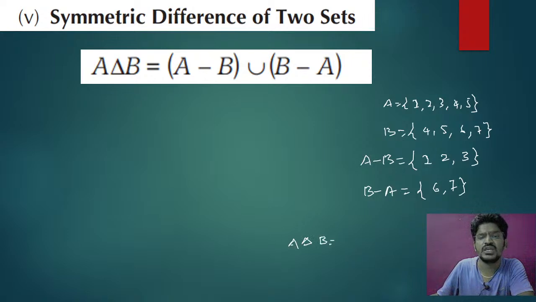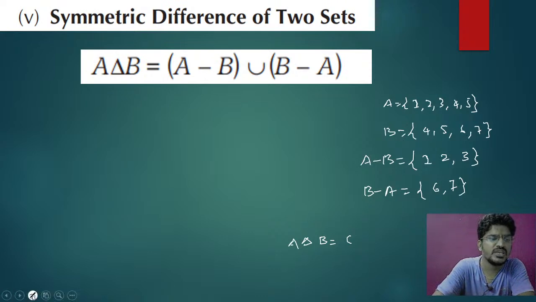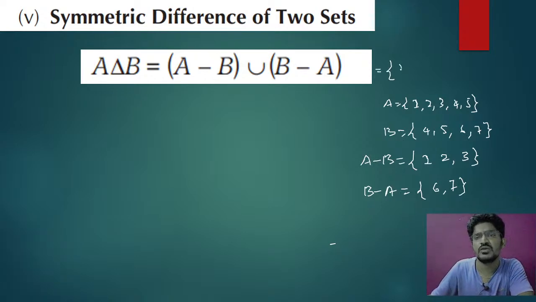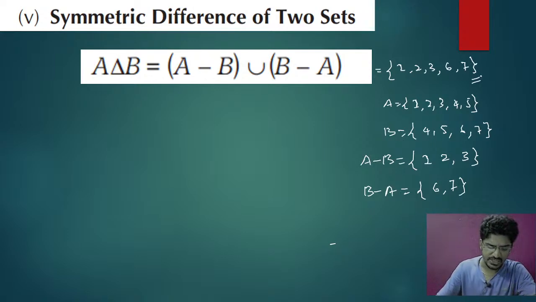Clear? So now A delta B. A delta B is equal to A minus B union B minus A. That will be equal to, you just see here, I will write here, 1, 2, 3, 6, 7. This is called symmetric difference.